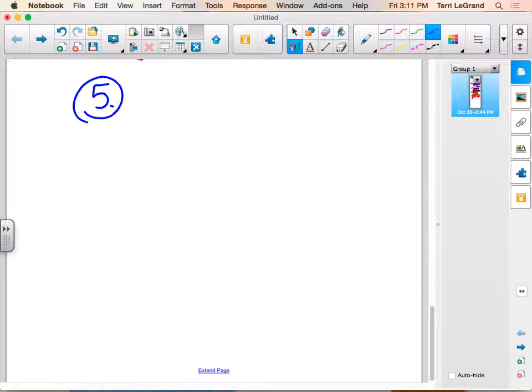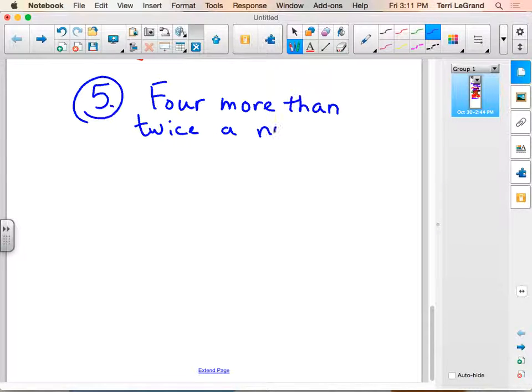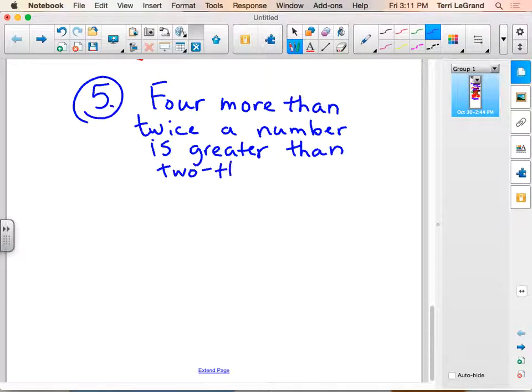One more. Write down the following word statement: four more than twice a number is greater than two-thirds the number.